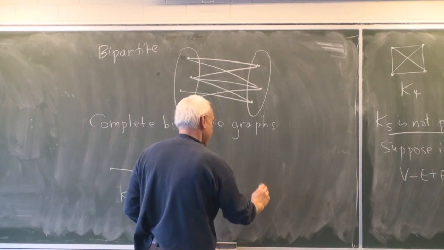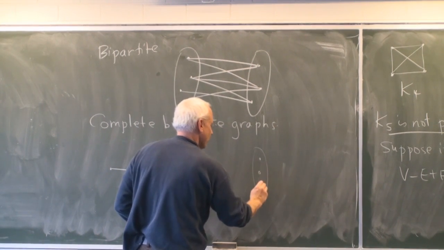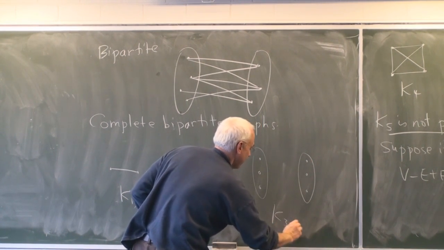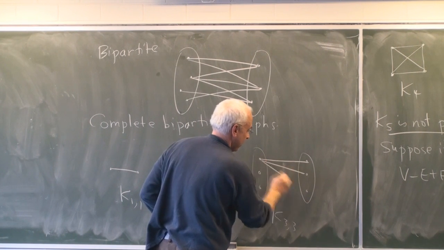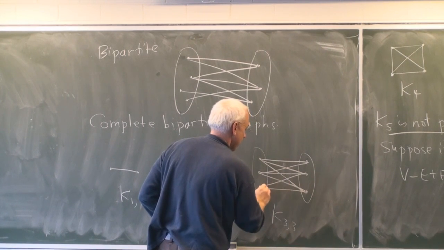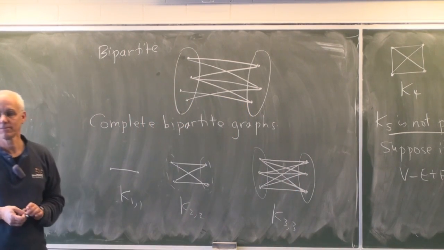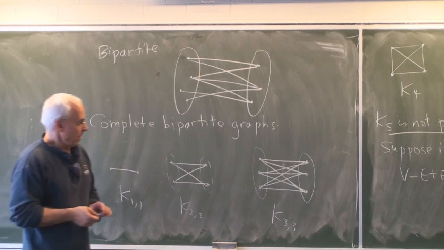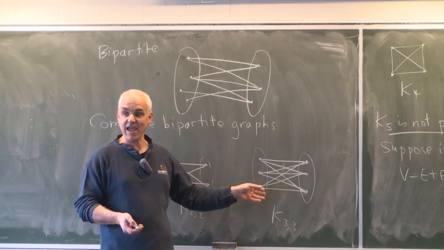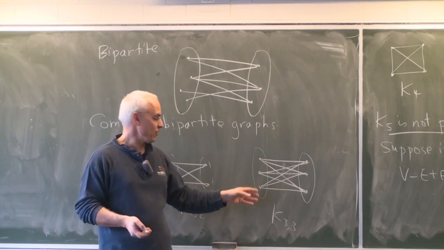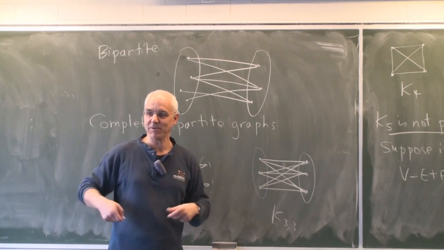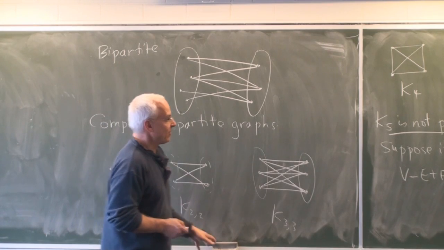And K33, 1, 2, 3 on this side, 1, 2, 3 on this side, so all possible edges. It's a well-known party trick, the source of many popular puzzles, that K33 is not planar. If you have 3 houses and 3 utilities, you can't connect the houses to the utilities in a planar way.